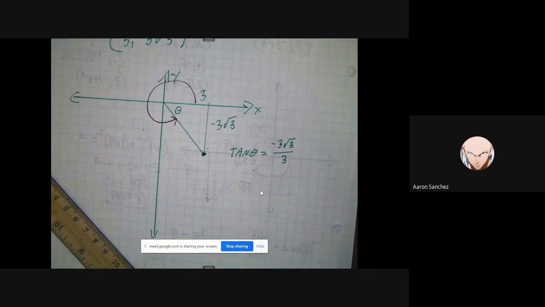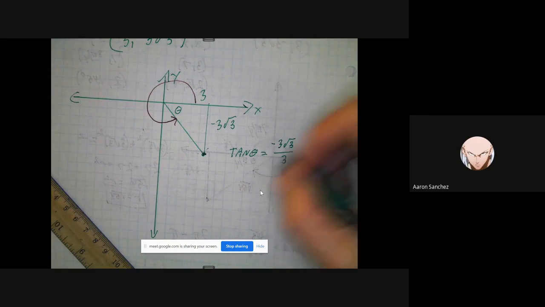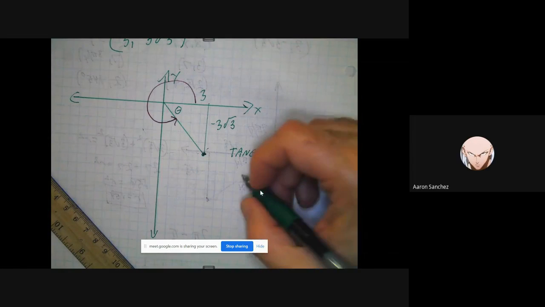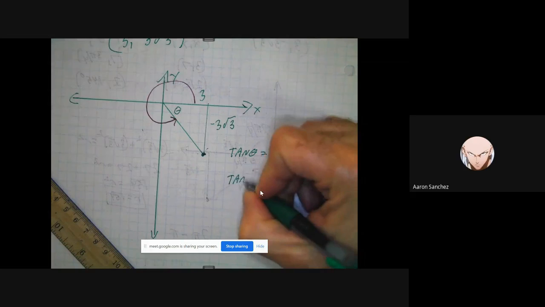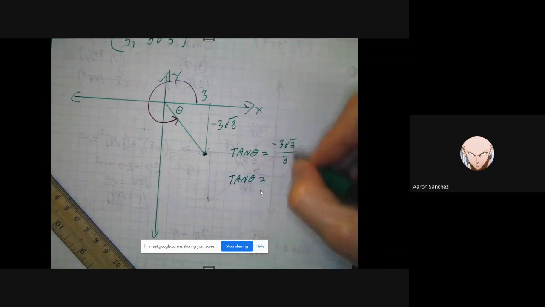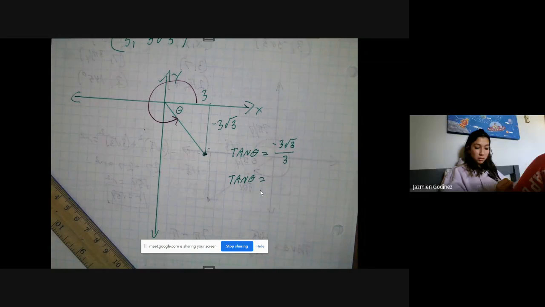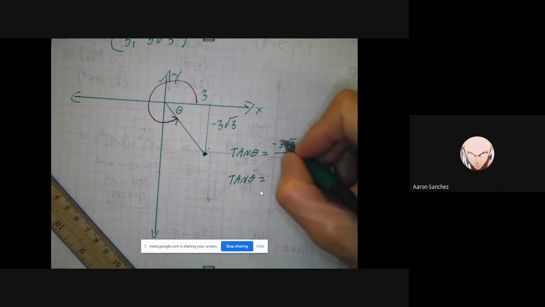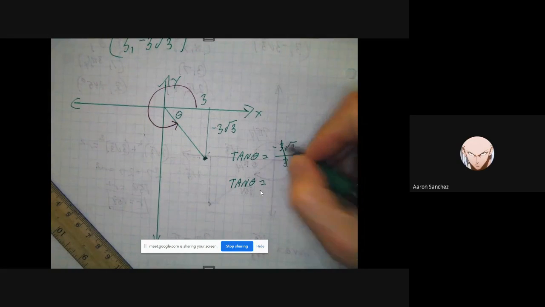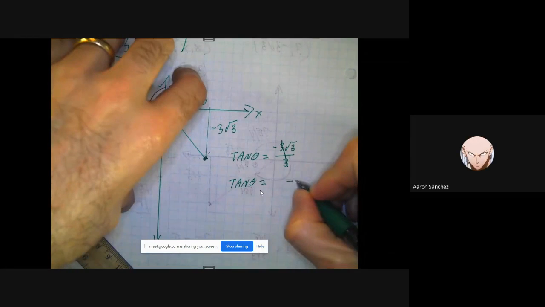So let's make this simpler. If we reduce it, it'll be a lot easier. I'm going to reduce this tan theta. Can I simplify negative 3 root 3 over 3? Yes, to root 3? Well, the 3s cancel, but don't forget the negative there. So let's say negative root 3.